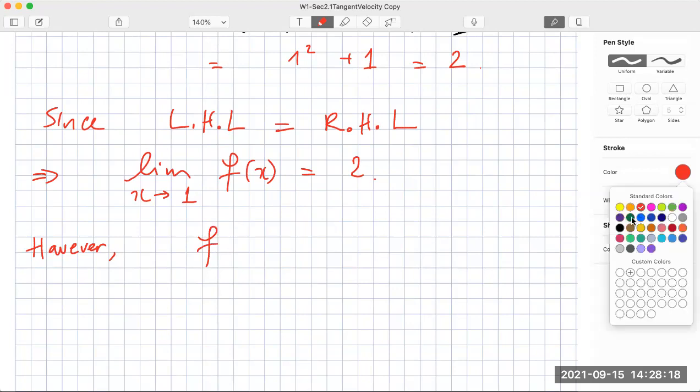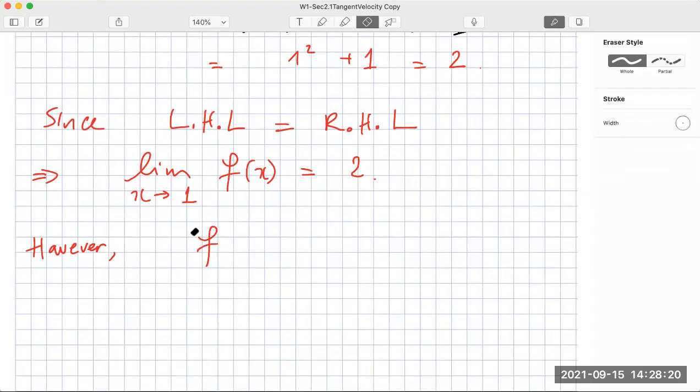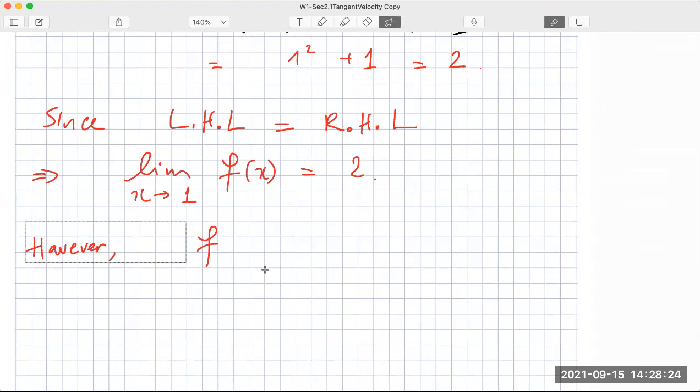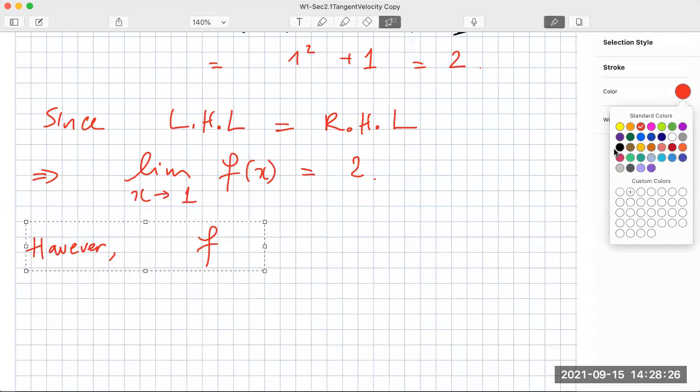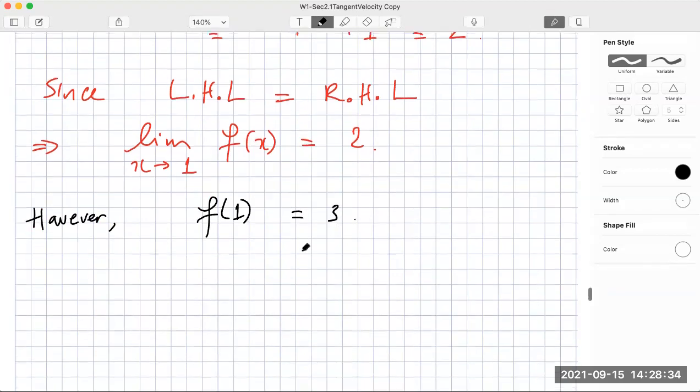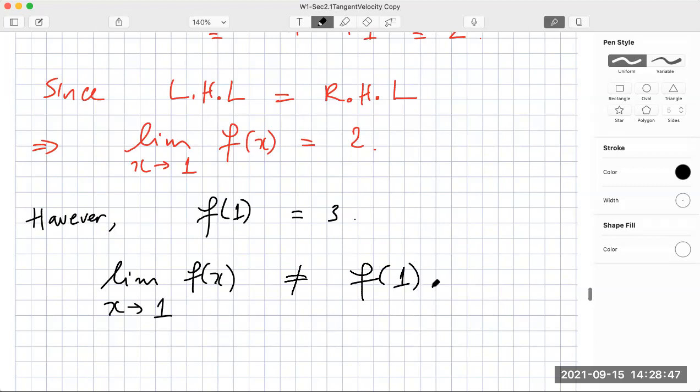As we know, f of 1 is equal to 3. It is defined above, right? So in other words, the limit of the function f of x as x approaches 1 is different from f of 1.